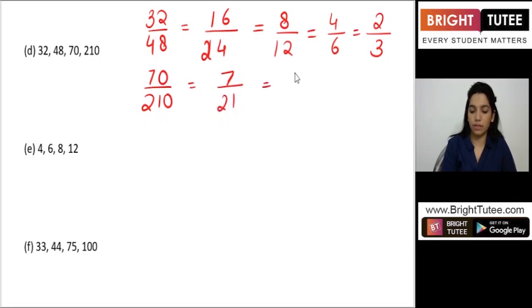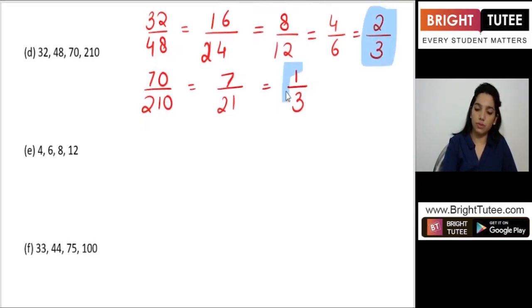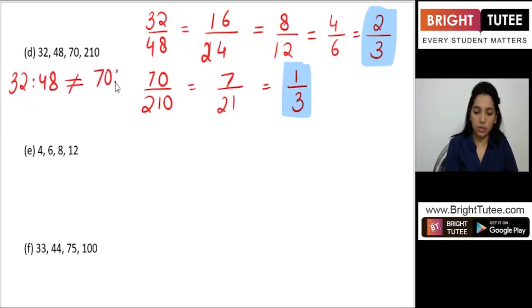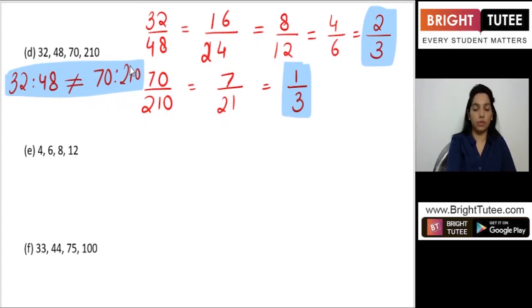Dividing this by 7 gives 1 over 3. Now the fractions we have got are 2 over 3 and 1 over 3. So clearly 2 is to 3 is not equal to 1 is to 3. So we can write that 32 is to 48 is not the same as 70 is to 210. I hope it is clear how we have checked whether these given ratios are in proportion or not.